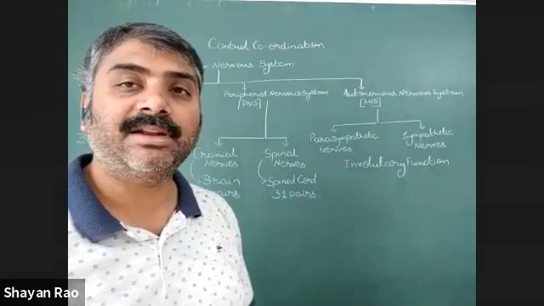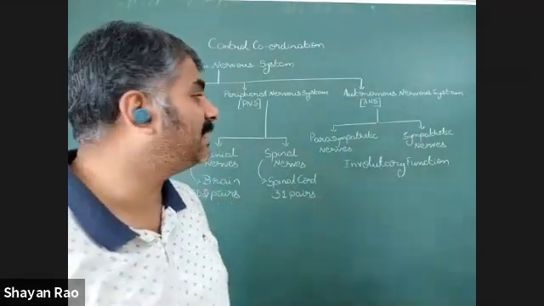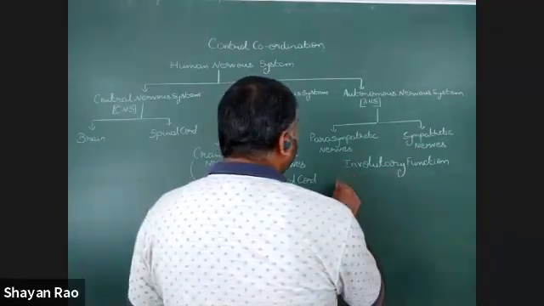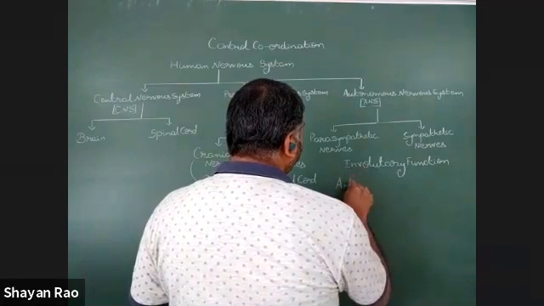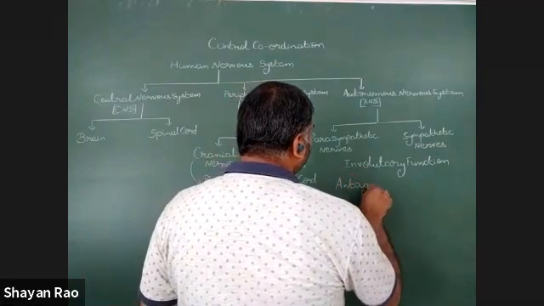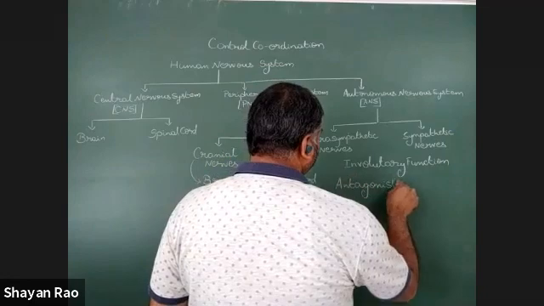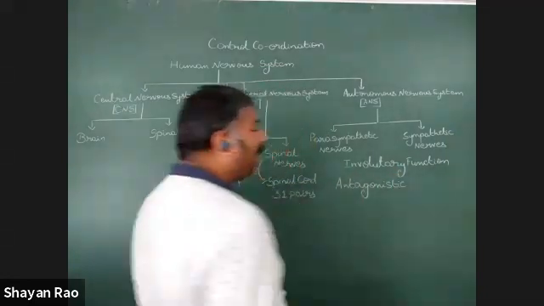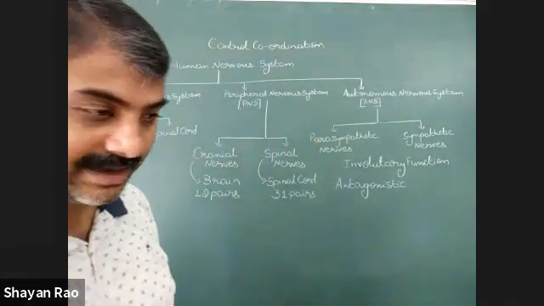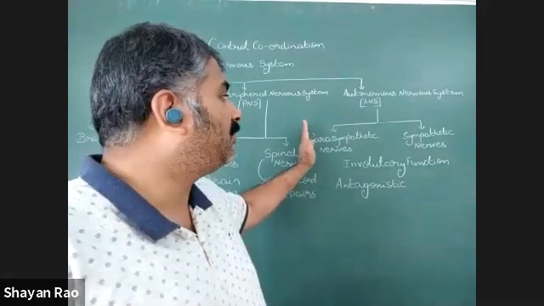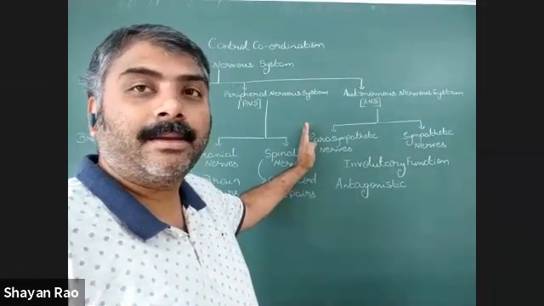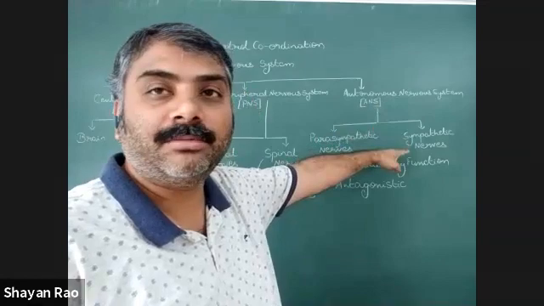But the speciality about these is that they are considered to be antagonistic to each other. That means if one performs a function, the opposite function will be shown by the other.